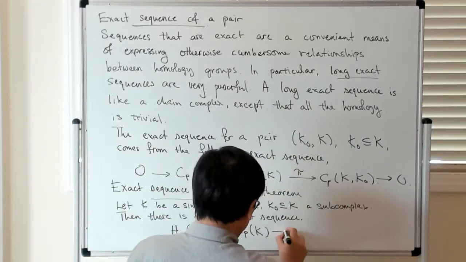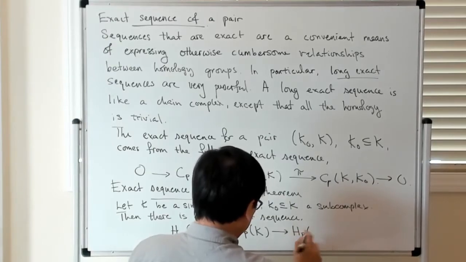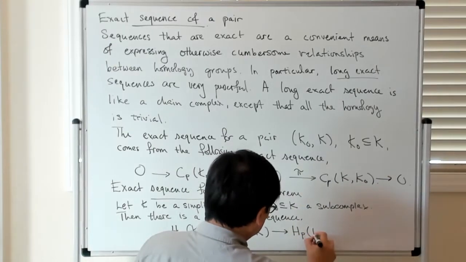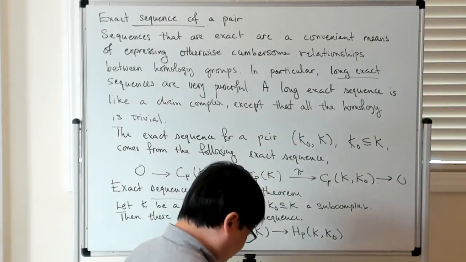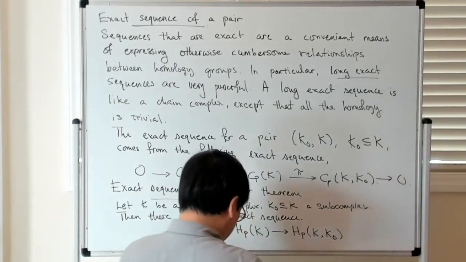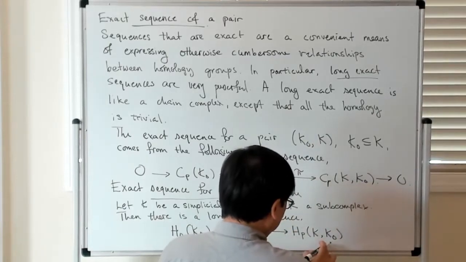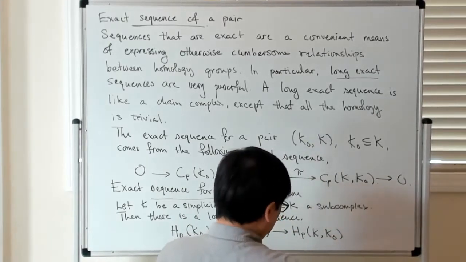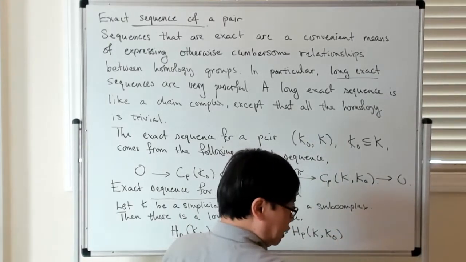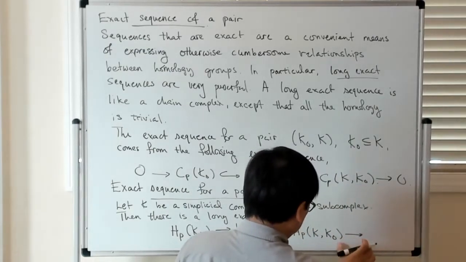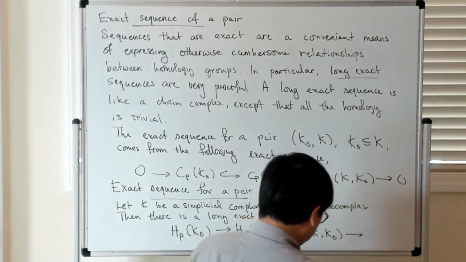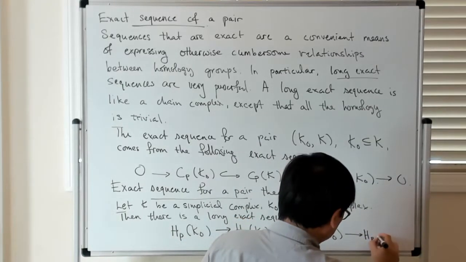And then this gets mapped to the relative homology. So far everything is fairly standard. But the point is that then there is a map from this relative homology back into the homology group of one lower dimension of K0. This map is the one which is non-trivial and requires some thought to construct.